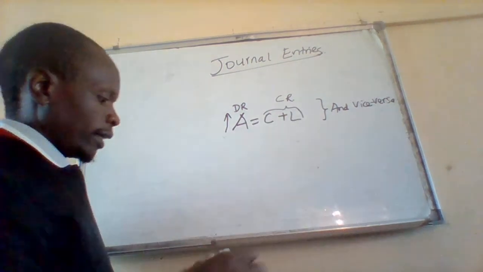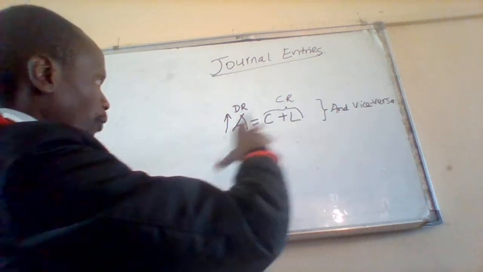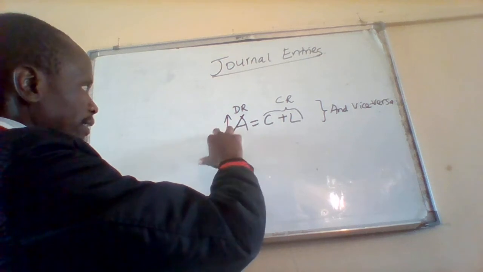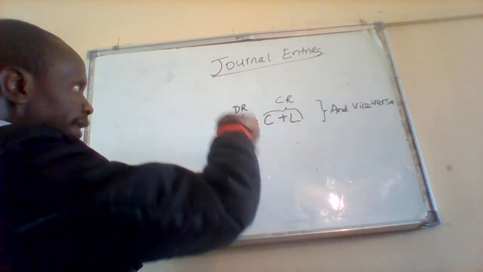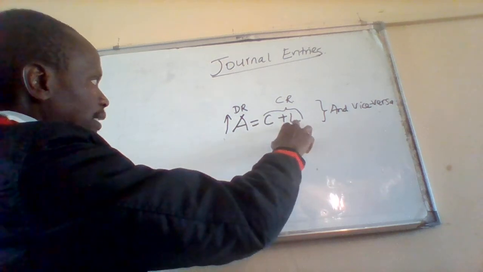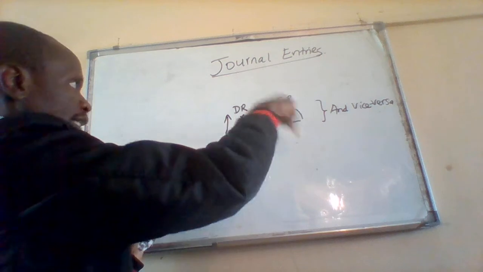Okay. Now, that is what we mean by vice versa. When an asset increases, we debit. When an asset decreases, now we credit. When a liability increases, we credit. When a liability decreases, we debit.